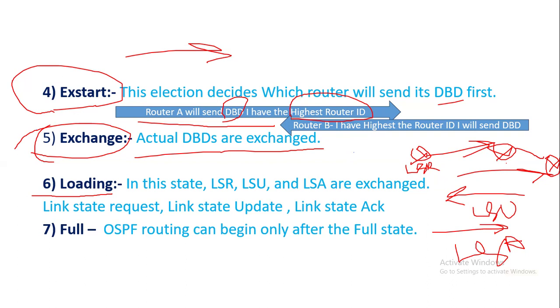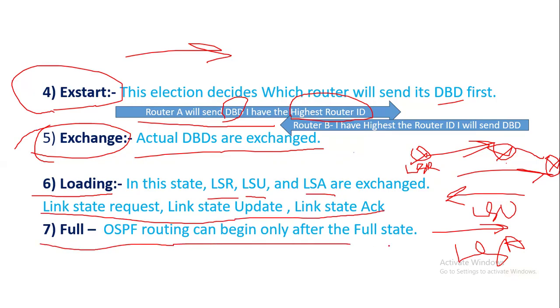That means if they want to change any new additional information, it happens through the link state request, then link state update and link state acknowledgement, and that means the state is loading. And the full state is where all the information, all the updating, is complete. So that is the overall state.